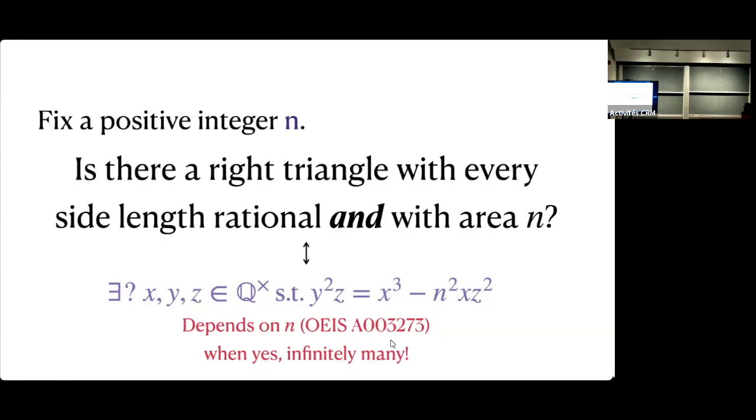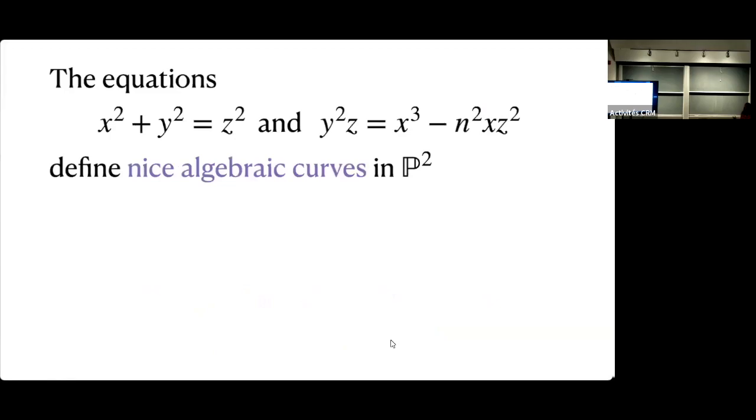Okay, so these are examples of what I mean when I talk about curves. These equations define nice algebraic curves in P2. What I mean by that is if you graph this object over the complex numbers, you get something that's one-dimensional as a complex manifold, and it's compact, and you have no singularities. Okay, so that's what I mean by nice.